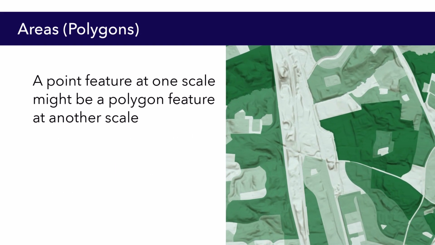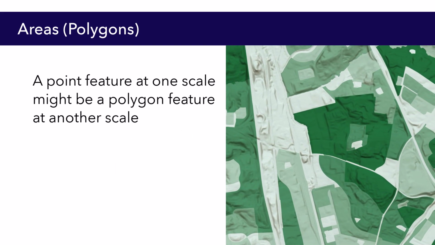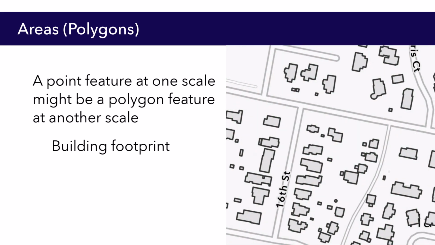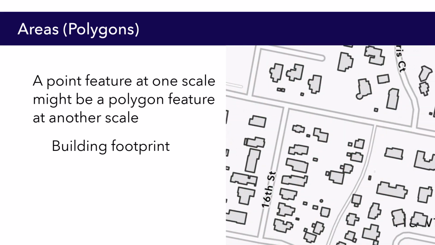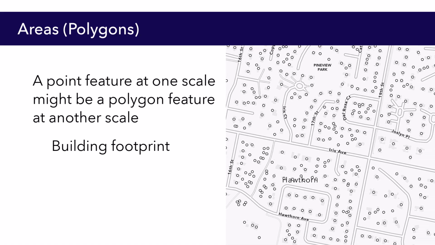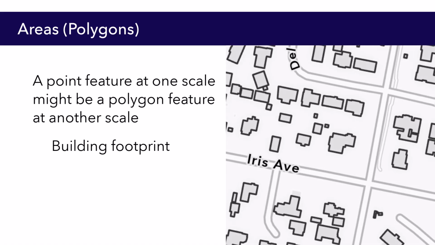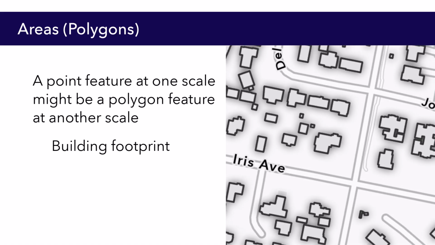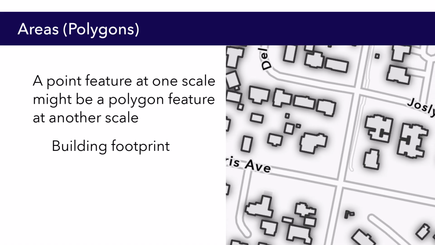But also some things that you might represent as an area if you zoom in really close could be represented as a point when you zoom out. An example might be a building. If you have a very detailed map, you could see the whole boundary of a building and you might draw that as an area.